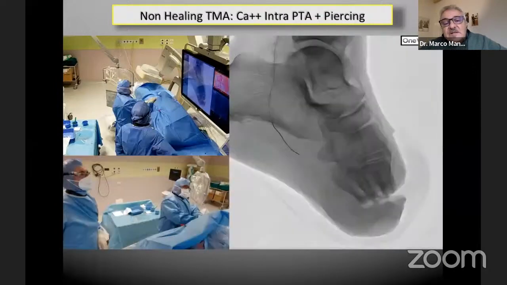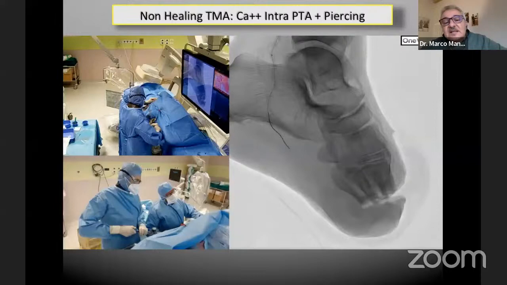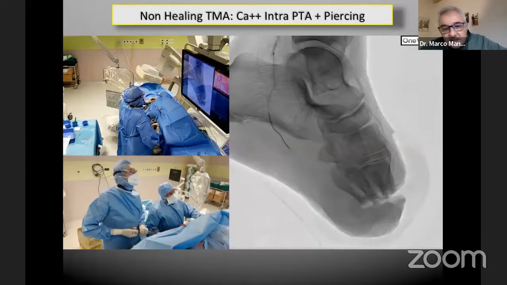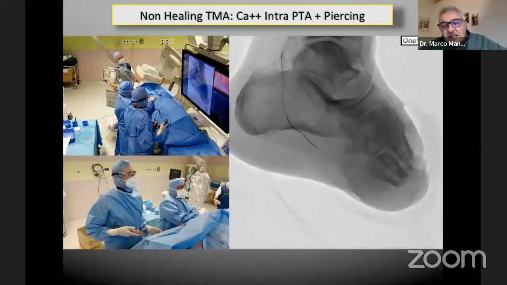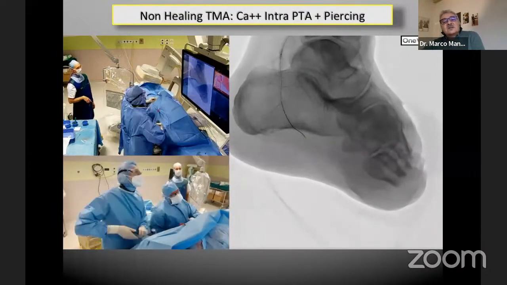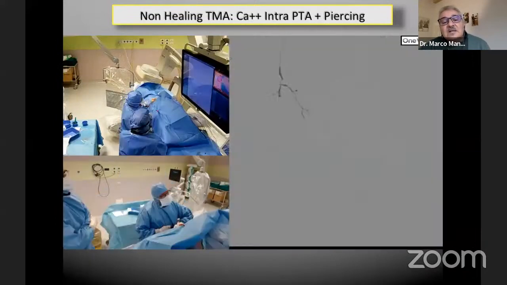We could successfully cross with the wire, but you can see the single marker, high, low profile balloon could not pass through the subocclusive stenosis in that common plantar artery.